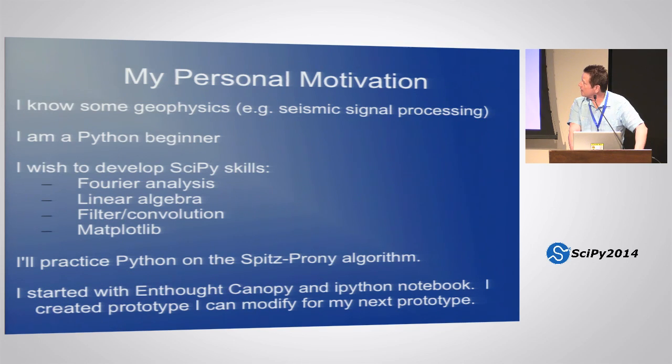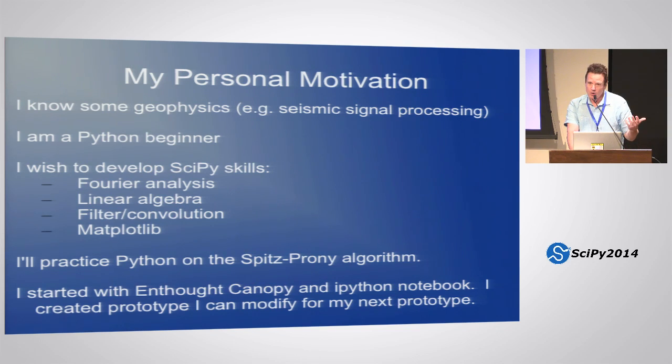So, as I've indicated, I do seismic work. I do signal processing in this case. I've done some migration in the past. But I'm really a Python beginner. And so in order to develop my Python skills, I wanted to be able to work and understand the tools that I'm used to using for signal processing. Things like Fourier analysis, linear algebra, filter and convolution, and showing the results with Matplotlib.